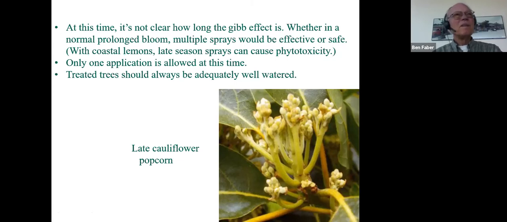But the bloom pattern of avocados might indicate that it might be good to do 2 sprays, but the permit only allows for 1 application. So you've got to make your best judgment. And you've got to have trees in good condition. So this is the ideal stage right here for application. And if you can't do it, it's all right to have some of the trees in full bloom.